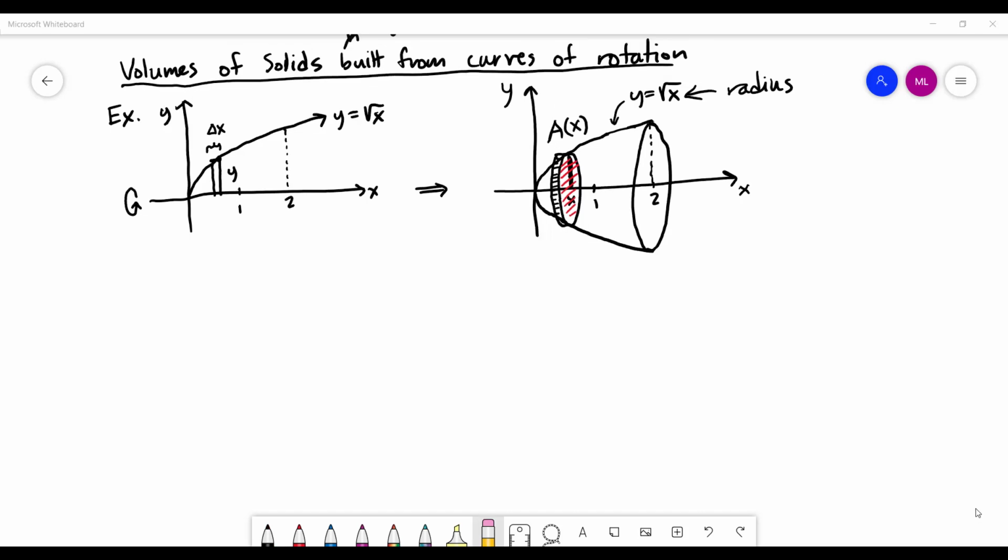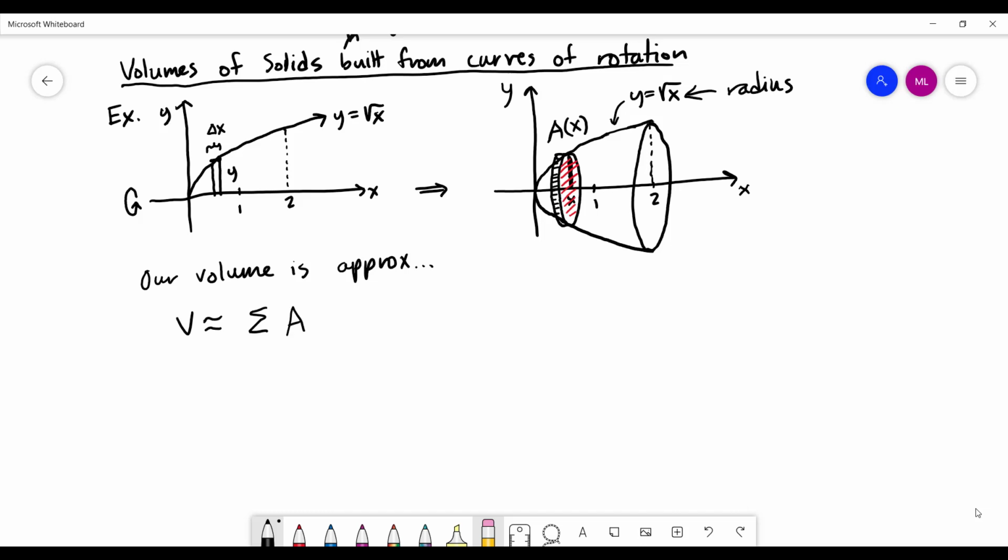Okay, so our volume is going to be approximately, write this down here, our volume is approximately, well, all we do is sum up a bunch of these disks.